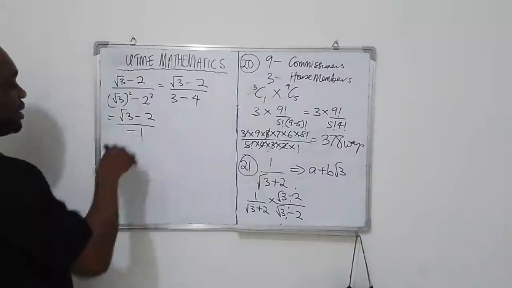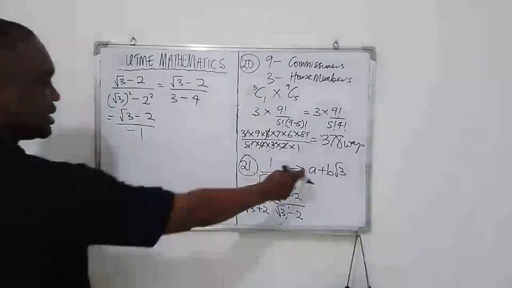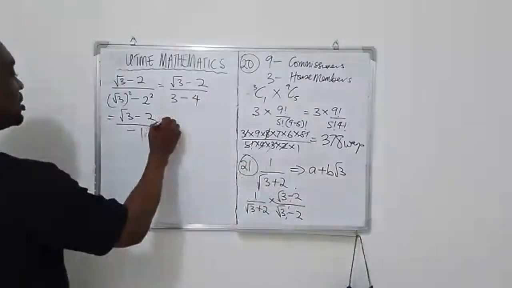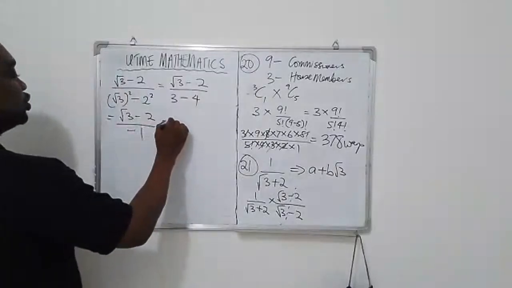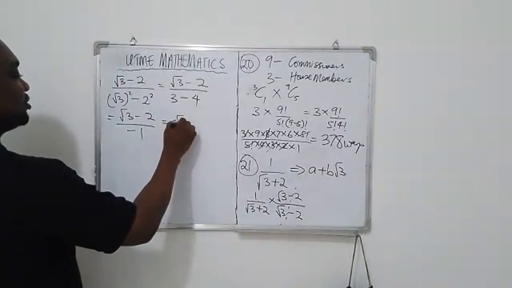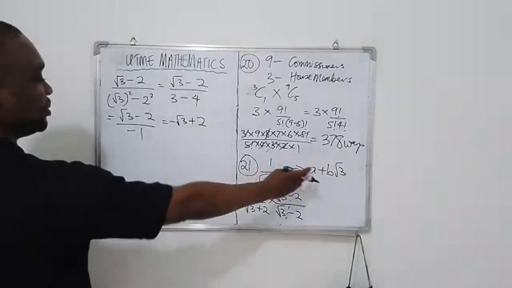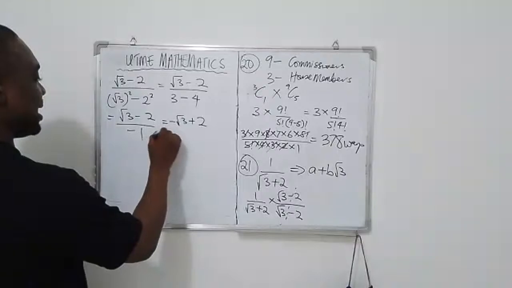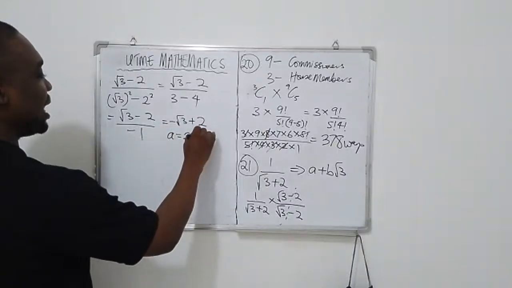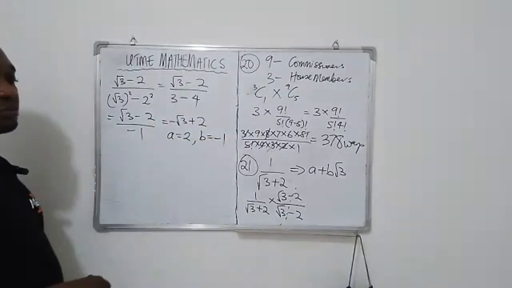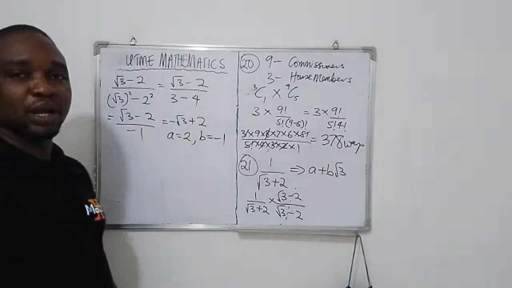Root 3 minus 2 over minus 1. So this will simply mean that minus 1 goes in here. It will be minus root 3 plus 2. So being in this form, it means that my a, first of all, is 2, and my b is minus 1.